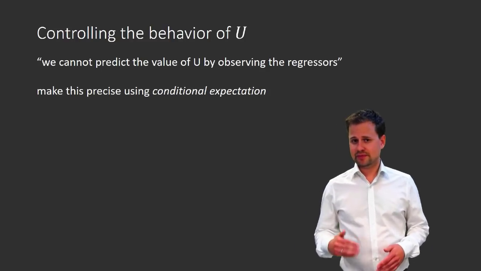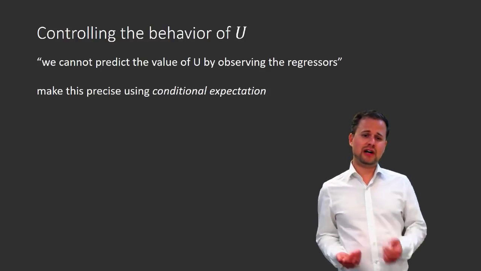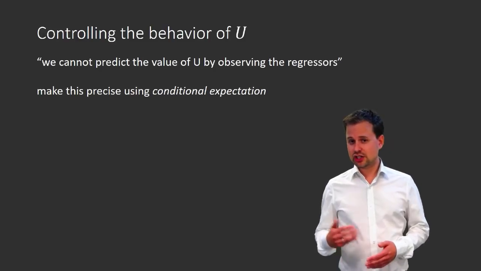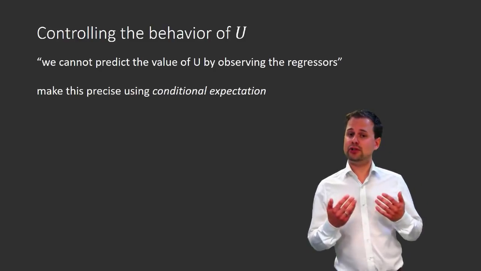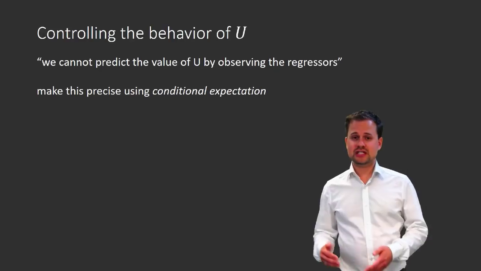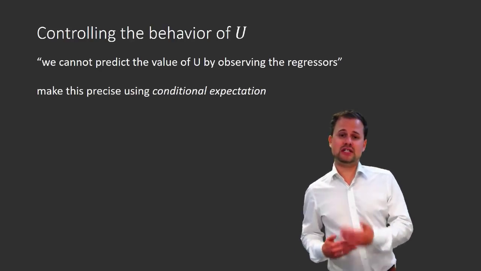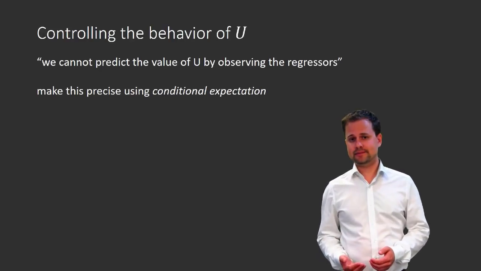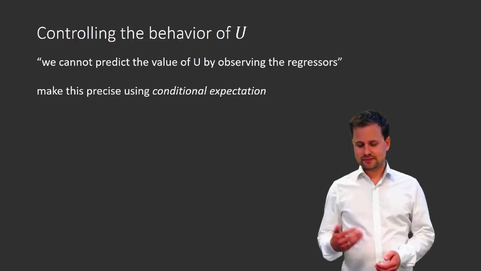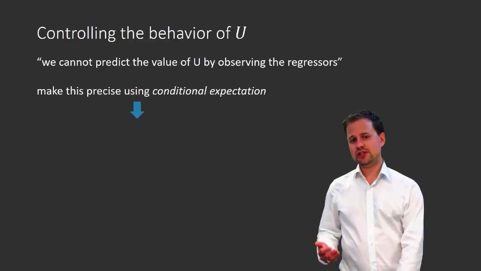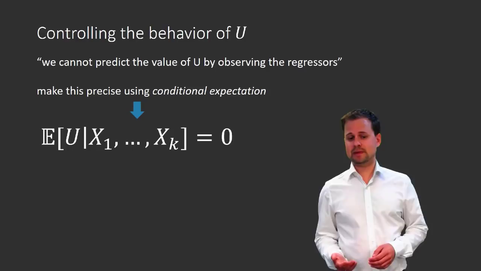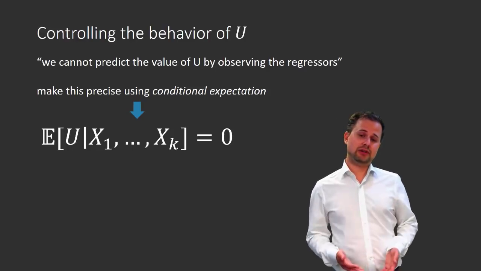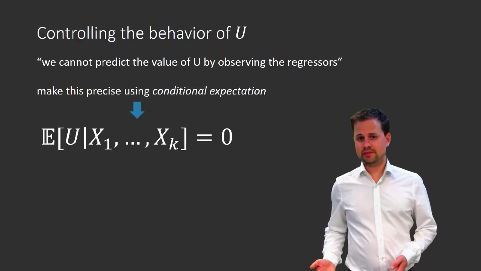Right now, I want to just give you a rough idea. So a conditional expectation is a prediction that uses information and that exploits this information in an optimal way. So our assumption will be that the conditional expectation of u given the regressors is equal to 0.